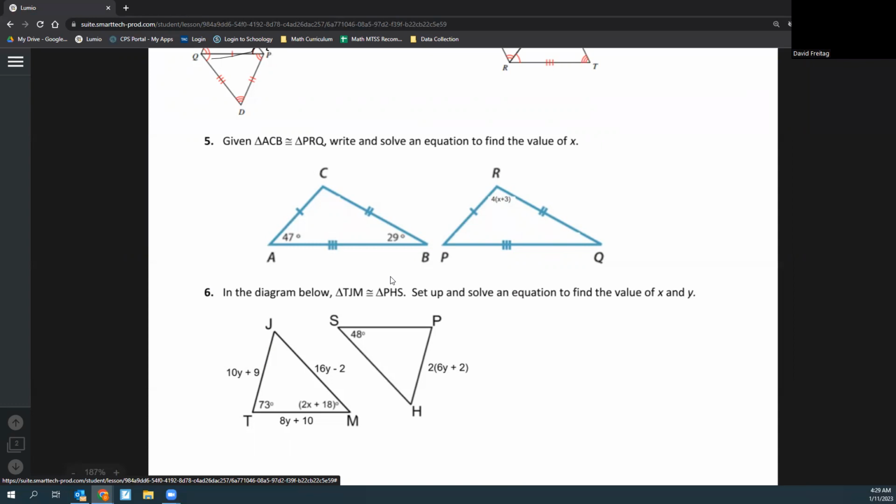Knowing that side RP and AC are the same, and RQ and BC are the same, I can state that angle R and angle C are the same because they are corresponding parts. You also can verify that because C is in the middle, R is in the middle of the congruence statement, means that they are the same thing, which means that C is also 4 times quantity x plus 3.